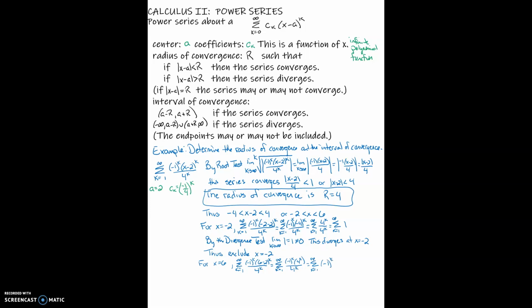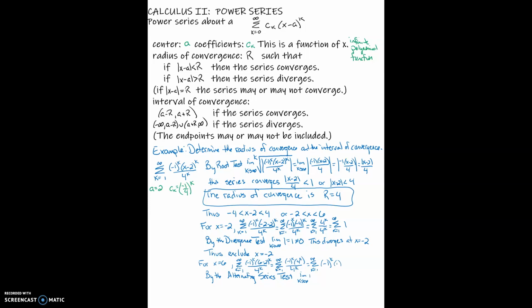Well, recognize this one as alternating. So we'll use the alternating series test. Also a pretty simple test to work with. I'm simply going to take the limit as k goes to infinity of everything that comes after the alternating. So remember that this actually has a 1 after the alternating portion.